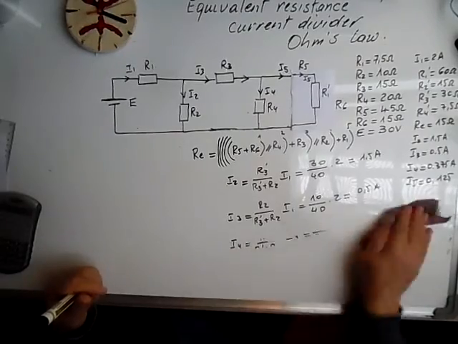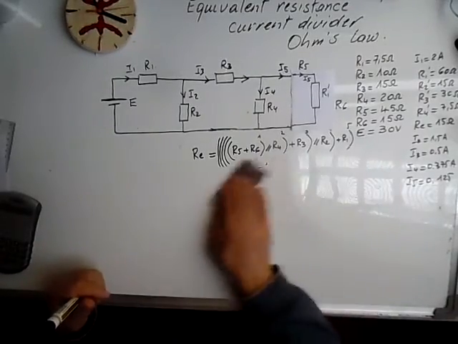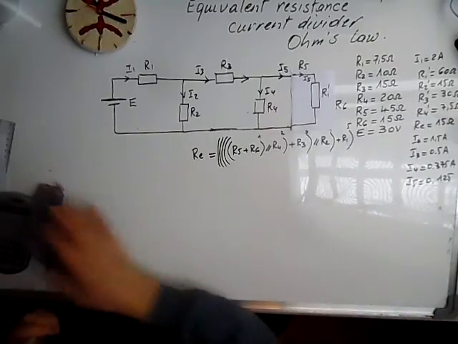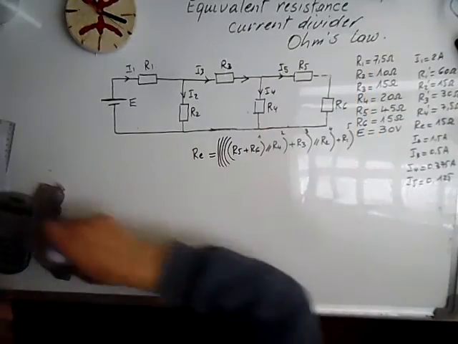Now we have to calculate the voltage drops in every resistor. This is very easy.